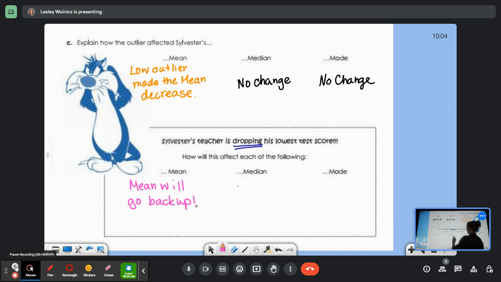The median, still no change. The mode, no change. So including the outlier makes the mean decrease. If we exclude the outlier, the low one, the mean will go back up. That's it. That's all, folks.